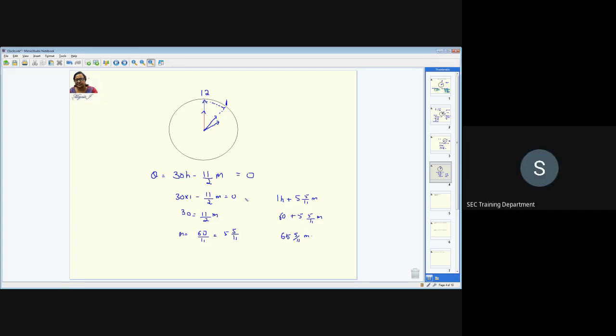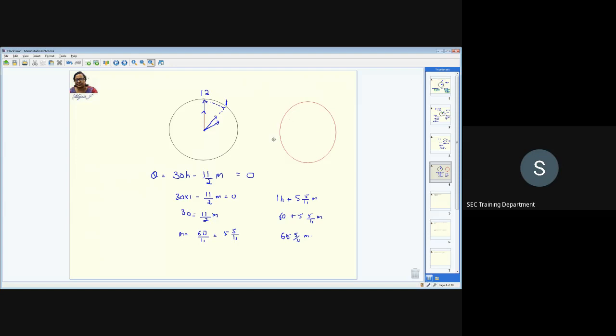Okay. Now, what we do here is 65 5/11, I have mentioned here. So for any clock, you can say that the hands will meet after 65 5/11 minutes. Imagine you have two clocks here. One is a correct clock, a perfect clock, and the other one is defective.